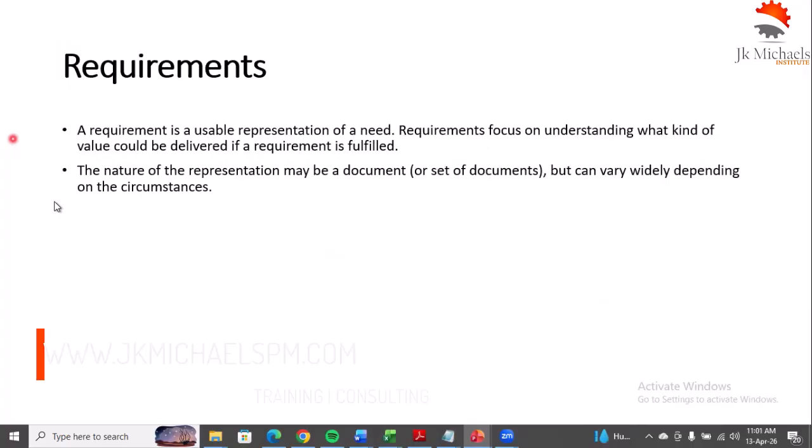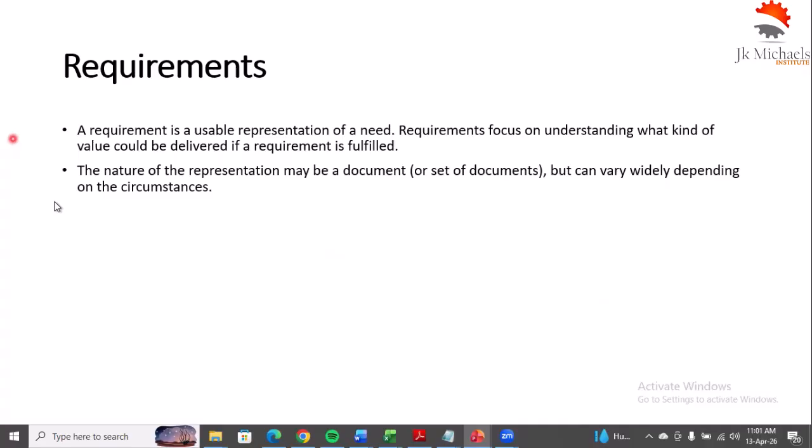And then we have a requirement. A requirement is very simply the usable representation of a need. Now, for business analysis work to be initiated or carried out, there oftentimes will be a need that we need to understand to be a problem or a solution, so that we could go about either resolving or correcting the problem, or maybe taking some actions to capitalize on the opportunity, right?